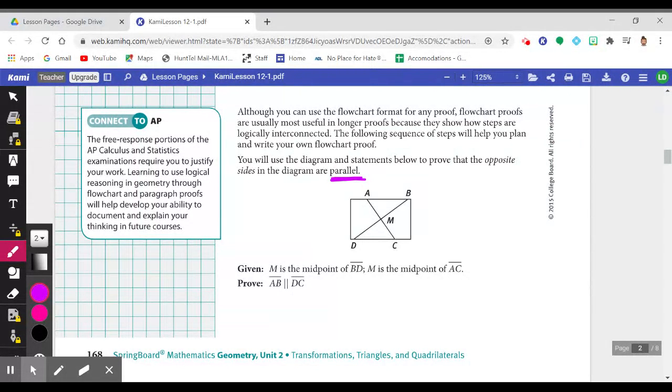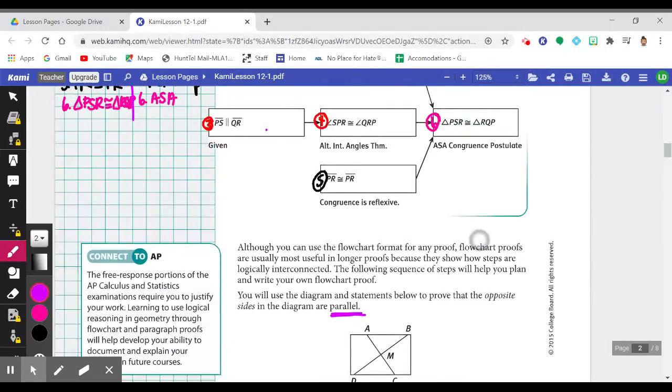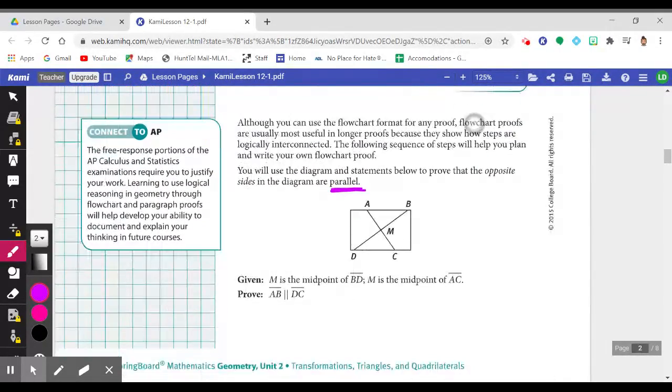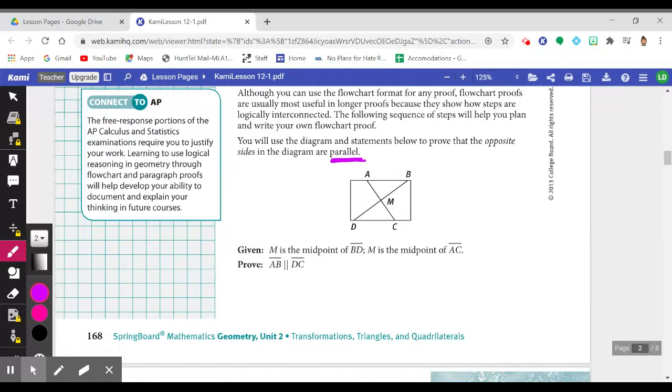If you can't tell what we're doing, we're going to prove that the two triangles are congruent and then use that to help us know that the two sides AB and DC, these opposite sides, are parallel. So we're going to start by proving the triangles congruent and then somehow use the fact that if these two triangles are congruent, line segment AB is parallel to DC.